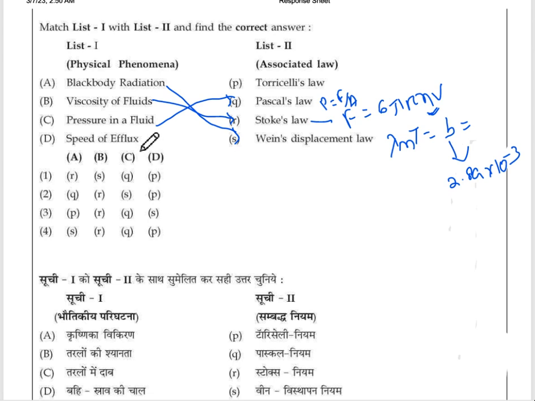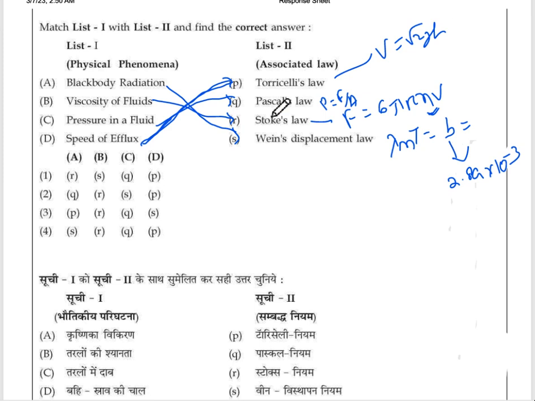And the last one, speed of efflux, is related with Torricelli's law. If you remember, the formula is simply v equal to root over 2gh. So this is related with this one.